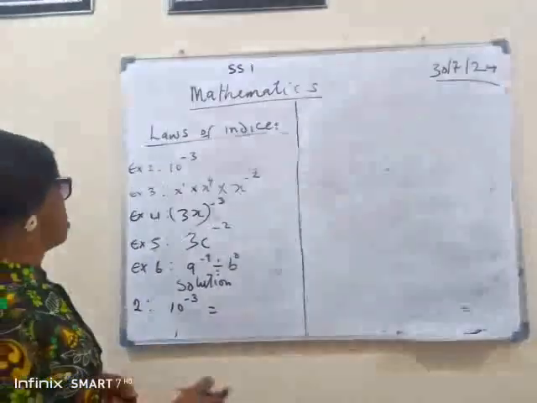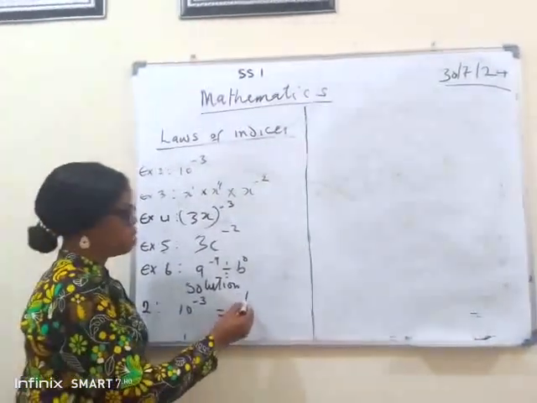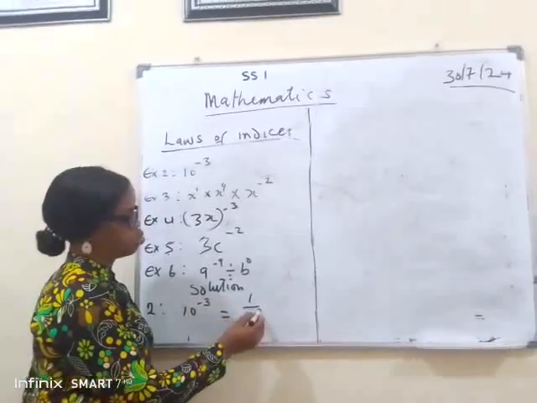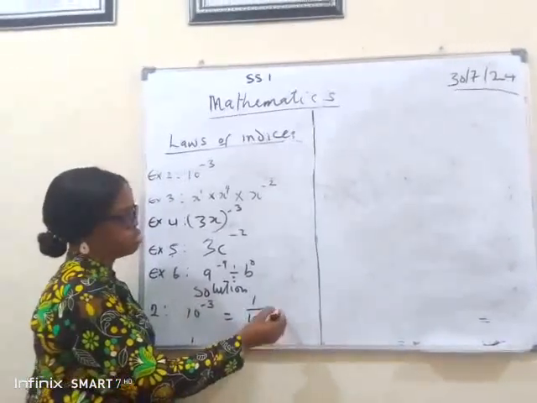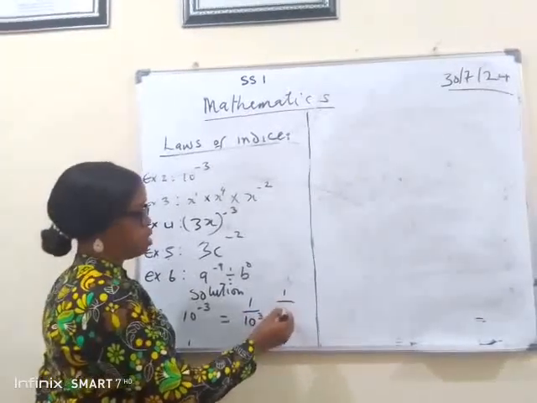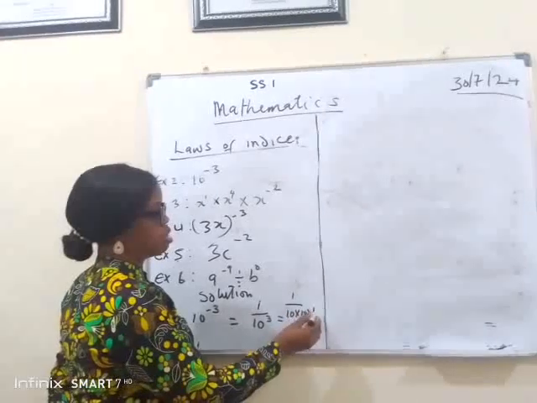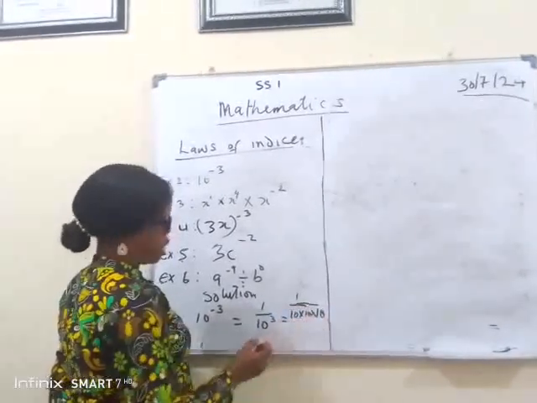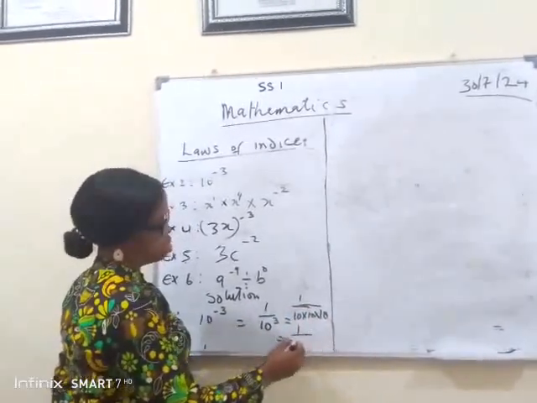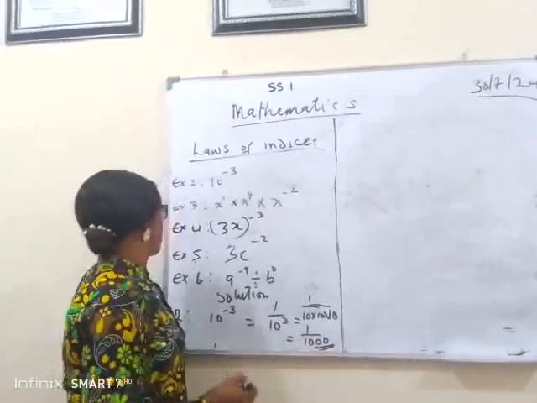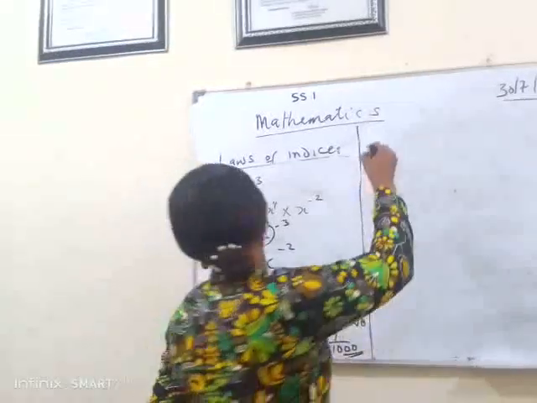So I can now say 1 over, I remove minus, I put 10 raised to power 3. And I can expand it to be 1 over 10 times 10 times 10. I can have it 1 over 1000. That is our answer.